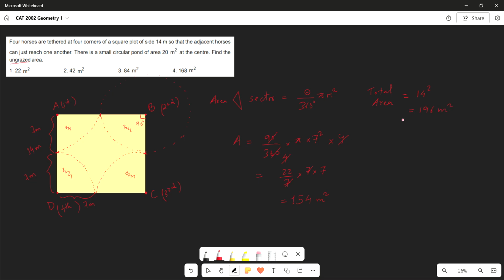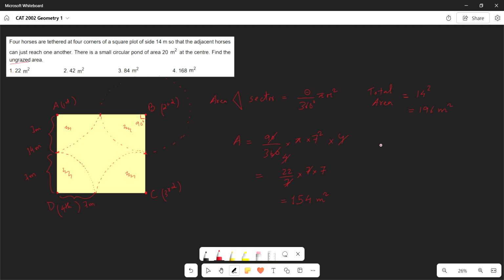But please remember, there is also a pond of area 20 meters square. Now the horses won't be grazing that area. They will only graze the area where they have, for example, grasses. They won't be grazing that circular pond where there is water.